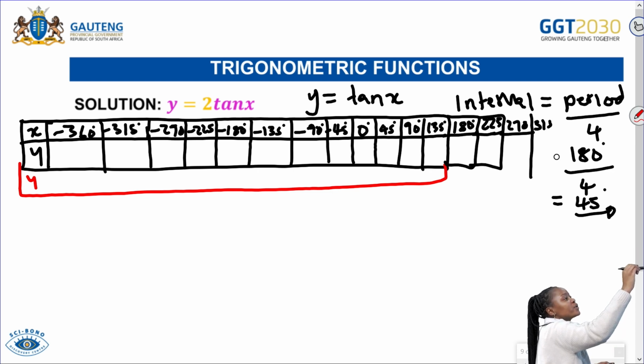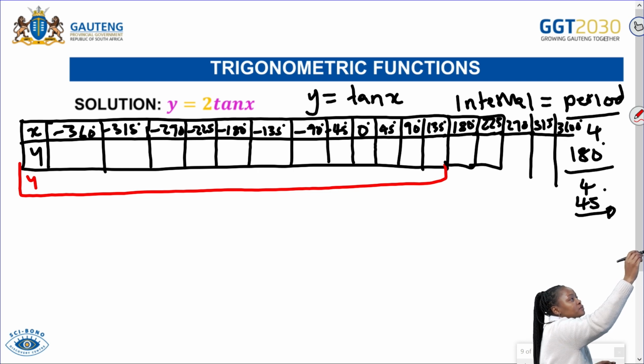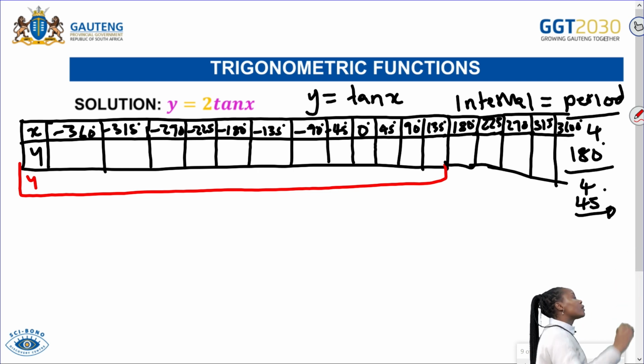Okay, I'll have to erase this side a little bit. So I have 315, and then lastly, I have 360 degrees. Whew, okay.